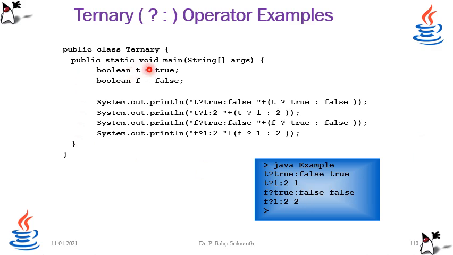Since we have assigned t equal to true, true is printed. And see here, since the value of t is true, 1 is printed. That is the left-hand side expression before the colon. And since the value of f is false, false is printed, and here 2 will be printed. Is it not? See here.